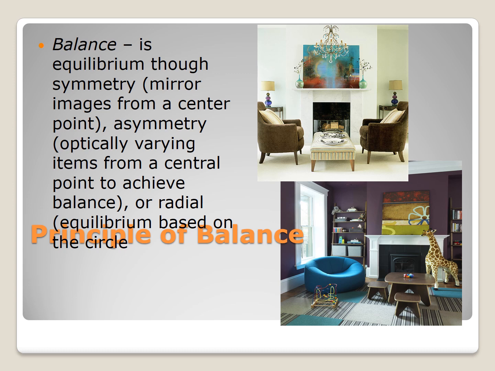And if they don't look the same on the right as on the left, then the objects that are different sort of keep each other in balance. So you may have, for example, this one little chair, but it's balanced by the table and the giraffe. So it has that sense of balance there.